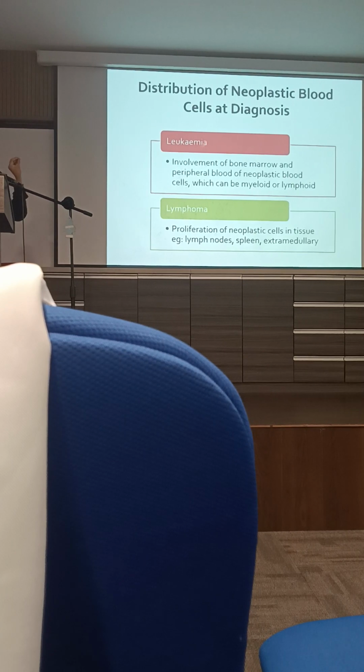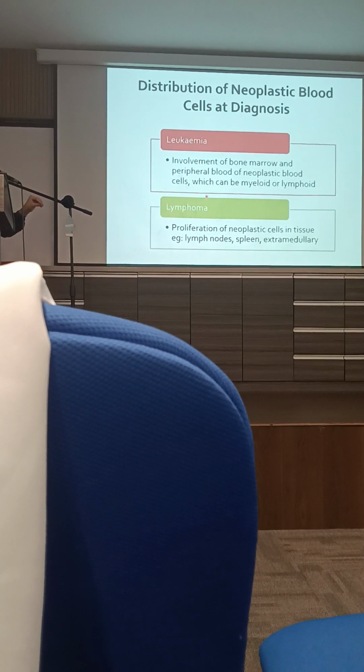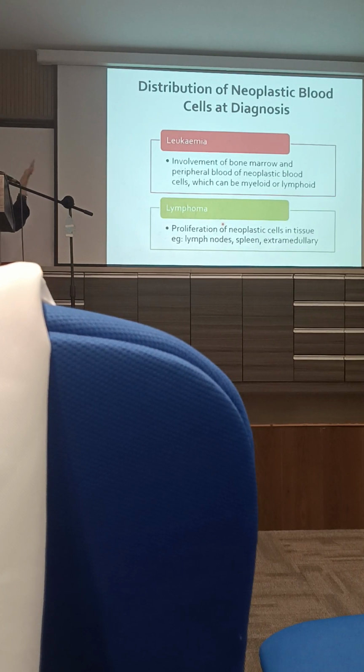There are actually two types of malignancies in hematology. What we are discussing today is leukemia. There is also another entity called lymphoma. Have you ever had a relative diagnosed with lymphoma?